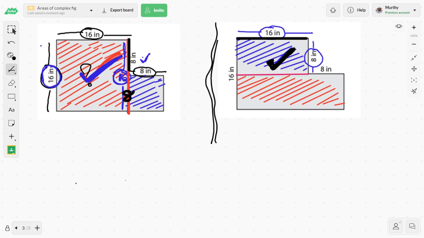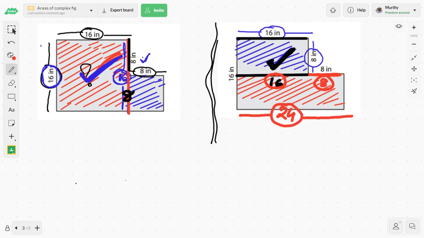Therefore, I can consider the opposite sides are equal. So this is going to be 16 units, and the remaining portion is 8. So 16 and 8 in total comes to 24 units. The total length is going to be 24 units.